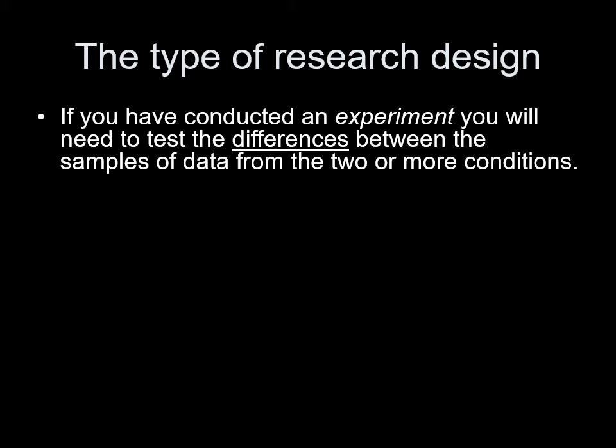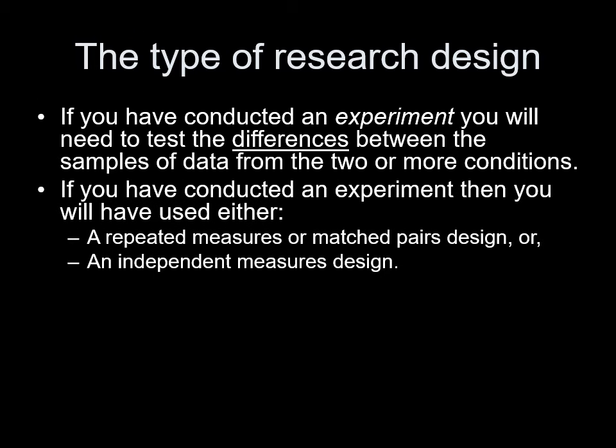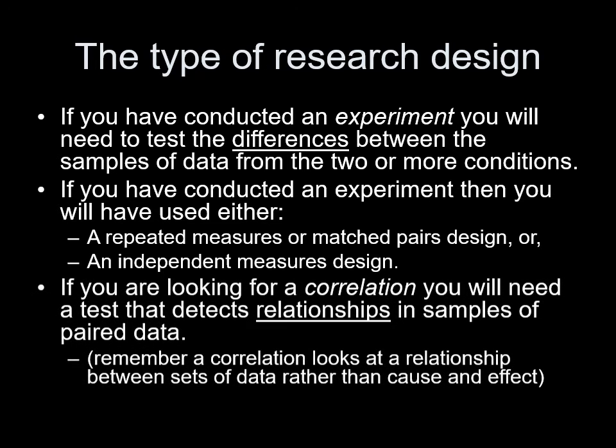If you're doing an experiment where you're checking the impact of the IV on the DV, you are testing the difference between two sets of data. So if you've done an experiment, then you'll have used either repeated measures, matched pairs or independent measures. There are tests of difference and there are also tests of correlation.